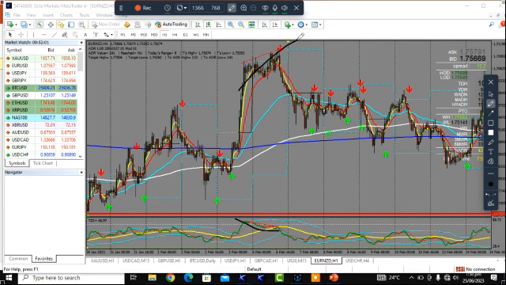So this is another example of divergent. And remember I told you it helps you to know when the price direction is going to change. And look at what happened. It changed and starts coming down. It was going up, but it turned around and started coming down. So this is the divergence we are talking about.